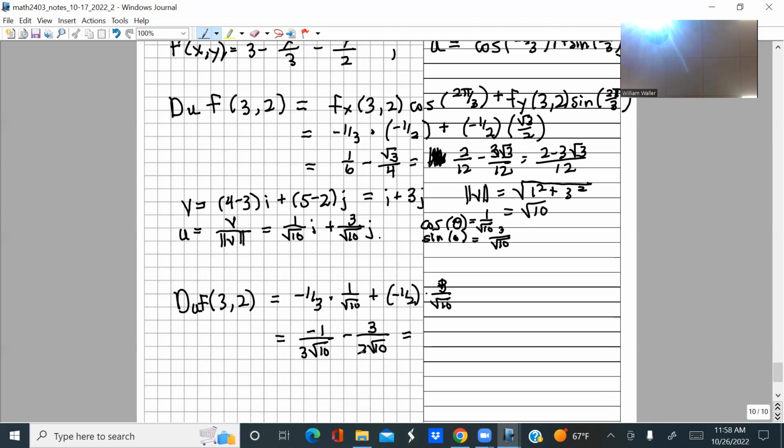So multiply top and bottom of the first fraction by 2. So that would be minus 2 over 6 square root of 10. And then multiply top and bottom of the second by 3. So we would have 9 over 6 times the square root of 10. And so that looks like minus 11 over 6 times the square root of 10.